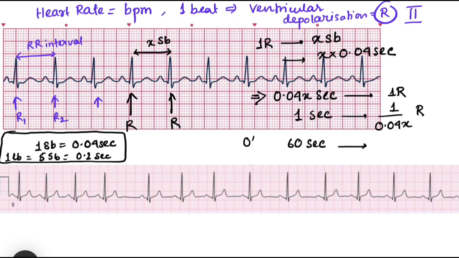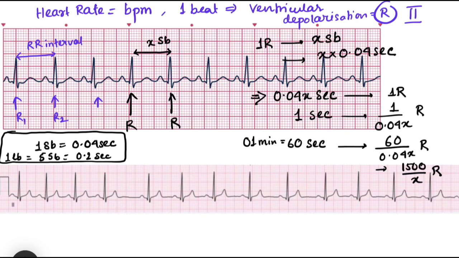That means 60 seconds, which is 1 minute, will contain 60 by 0.04 X R waves, which is nothing but 1500 by X R waves.